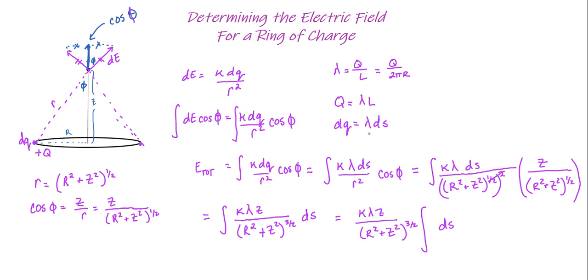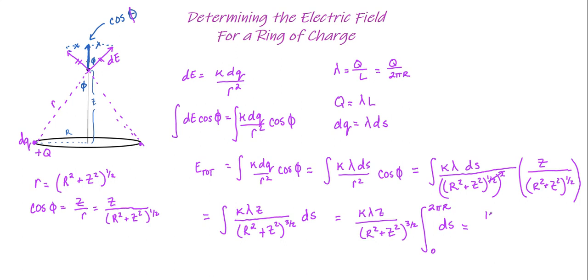Now, I haven't been putting any limits of integration at this point because now I'm finally ready, and really when you think about it, I'm integrating over tiny little arc lengths from 0 all the way to 2 pi r. So I'm integrating 1 with respect to arc length, so I'll get just an arc length, and then I can plug in my upper limit minus my lower limit, which would just be my upper limit.